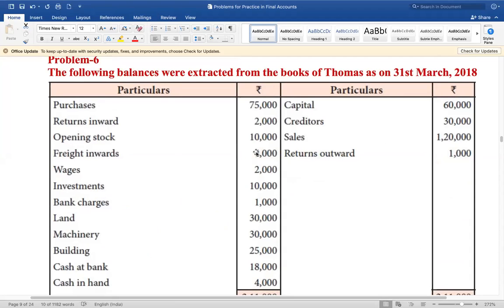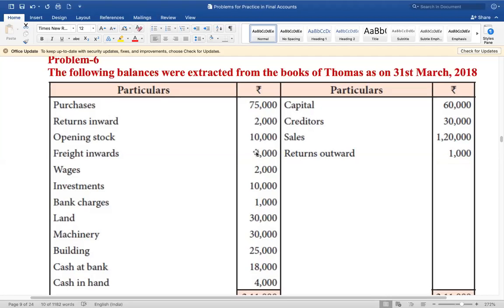Now, unlike the previous case, when we were preparing only profit and loss account, we were dividing the items into expenses and incomes, and we were not bothering to know what is liability, what is asset. And similarly, when we were preparing balance sheet, we were bothering to know only what is liability and what is asset, and we were not bothered about the incomes and expenses.